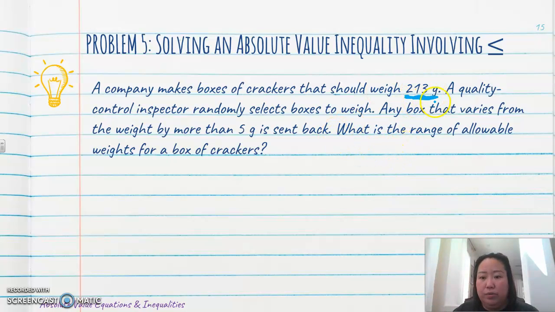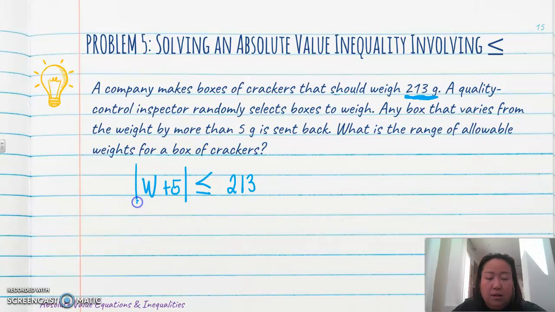So the allowed measurement should not be more than 5 grams, so it has to be less than or equal to 5 grams. Whatever the weight was, it has to be plus 5, it cannot be more than that.